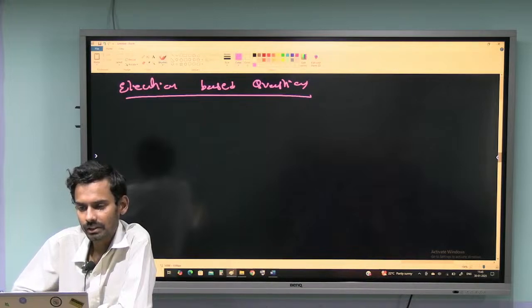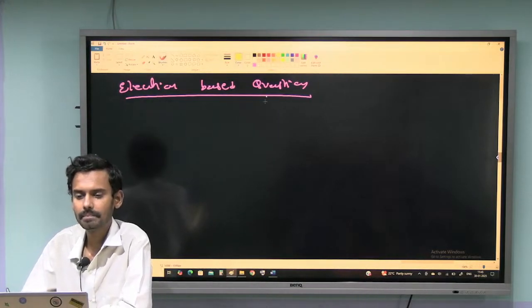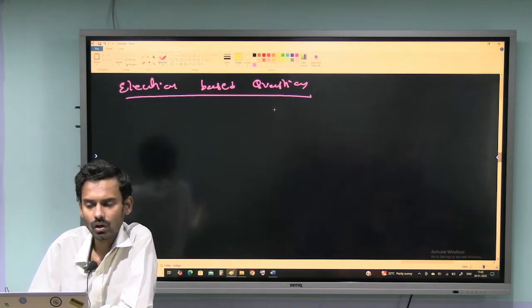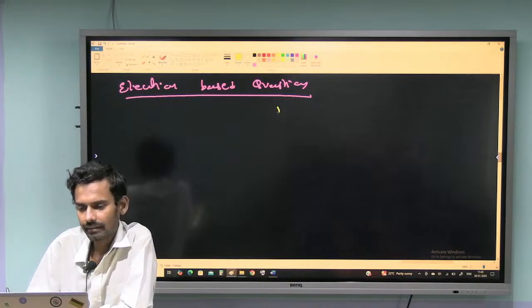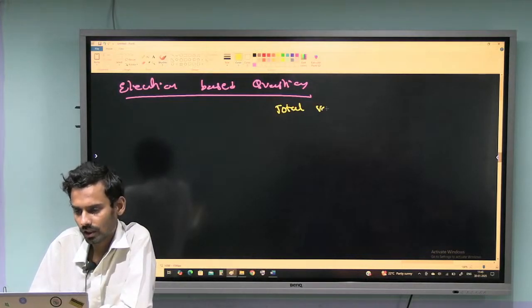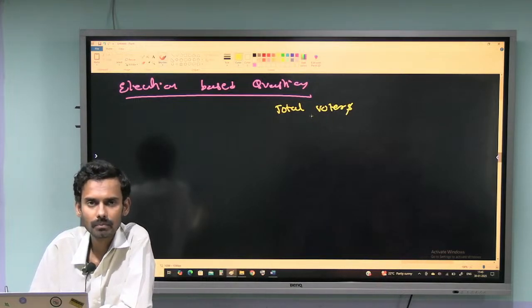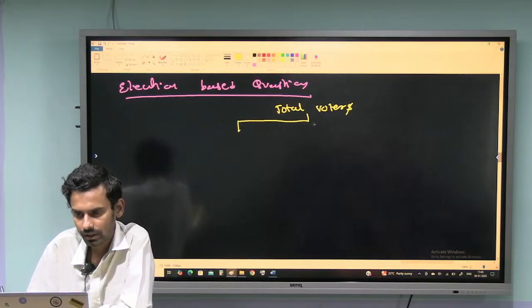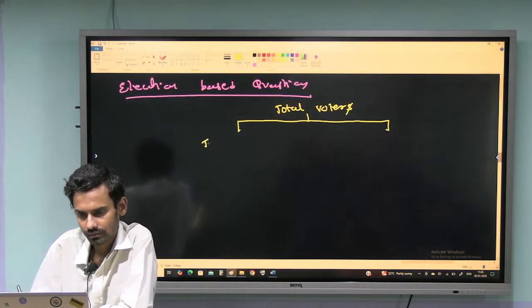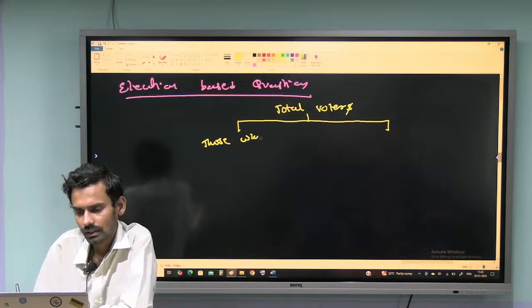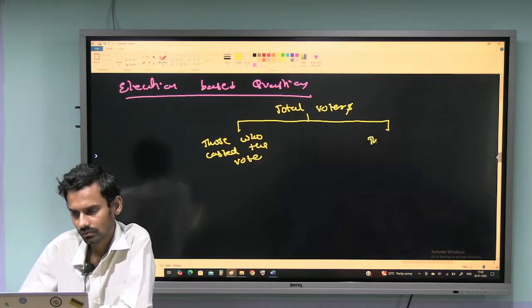In election based questions, suppose in the locality or in the constituency I have total voters. Out of these total voters, not everyone will come on the day of election and do the voting. So here I have two types: those who cast the vote and those who didn't cast the vote.